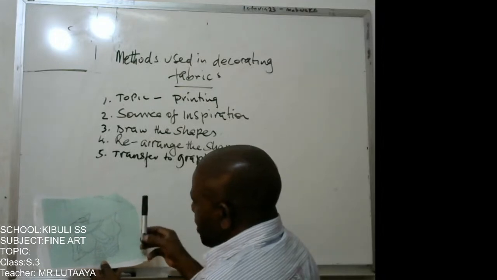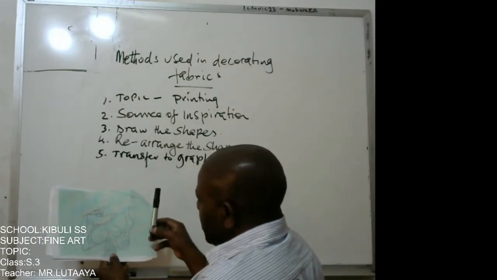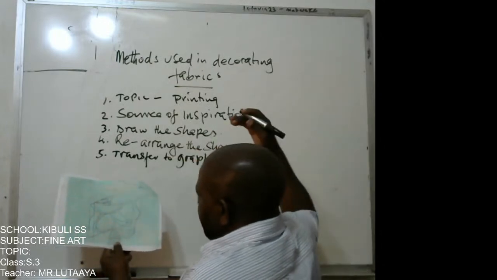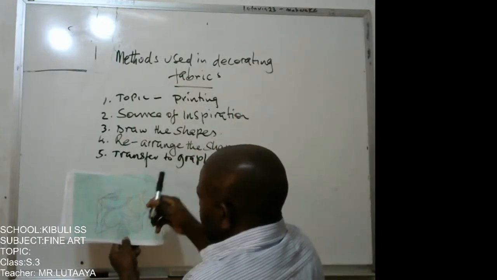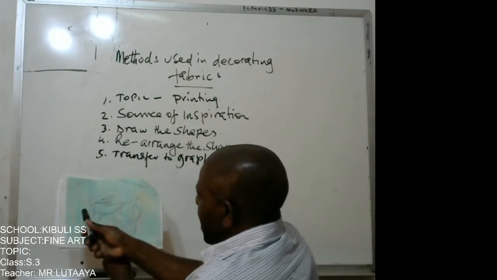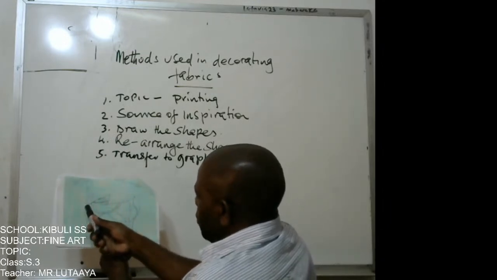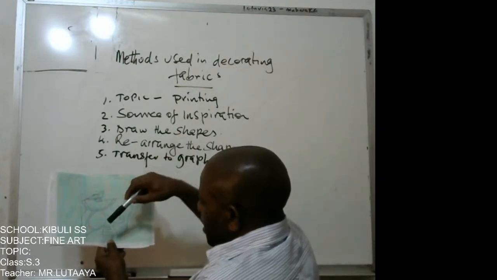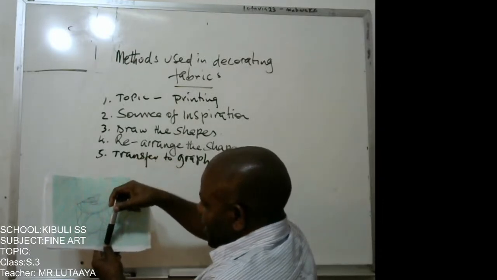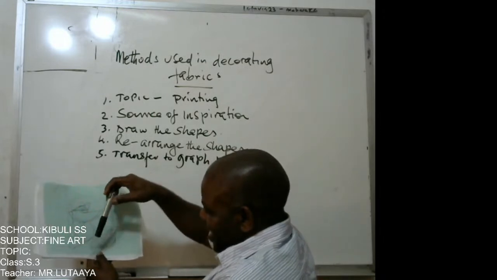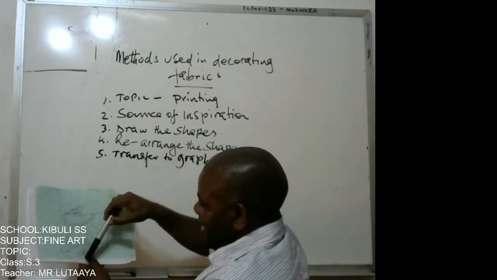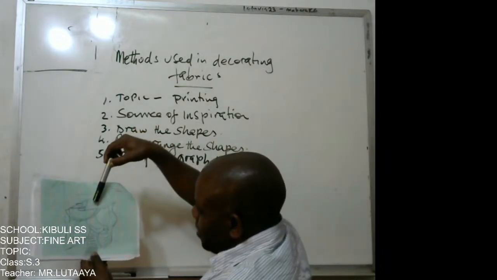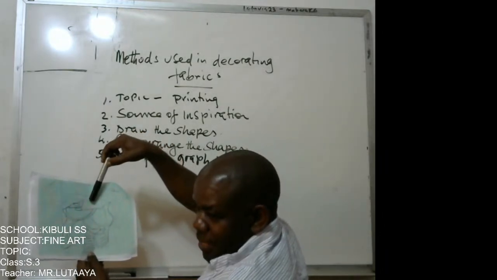Whereby by mapping, it refers to the continuity you create on the design, such that the left-hand side, this is the left-hand side, can flow with the right-hand side. Then the lower part can flow with the upper part.